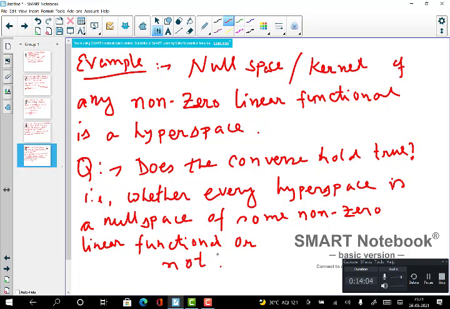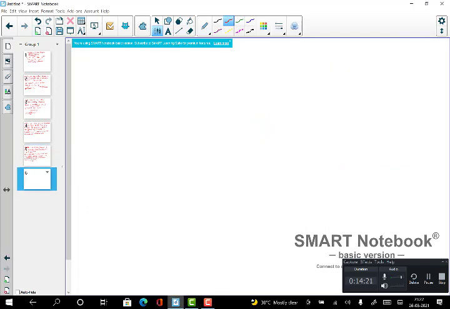And the answer to this question is actually yes. So the answer is yes. Every hyperspace is actually the null space of some non-zero linear functional.